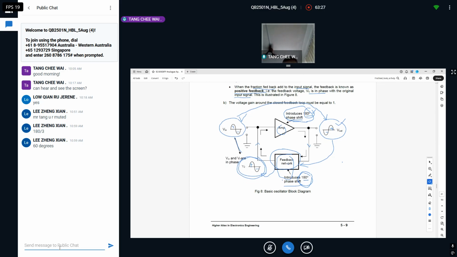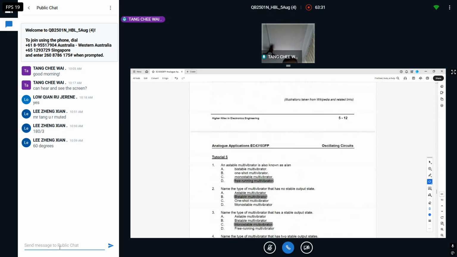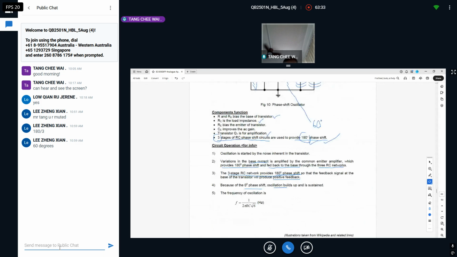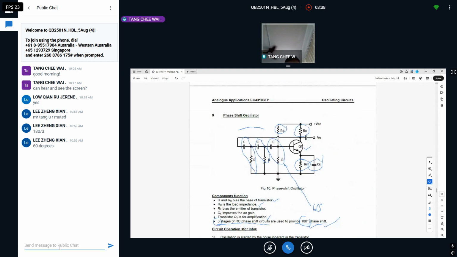Okay, now go back, we take a closer look again. If you follow me with the block diagram, you realize that this is the feedback network. This is the one that introduced the 180-degree phase shift, but it introduced it to make sure that it's the same as the input in phase.